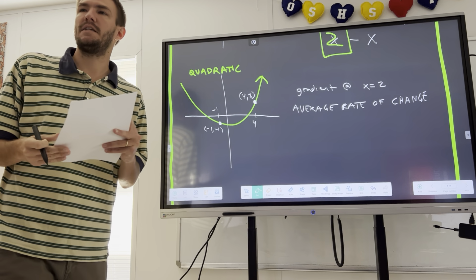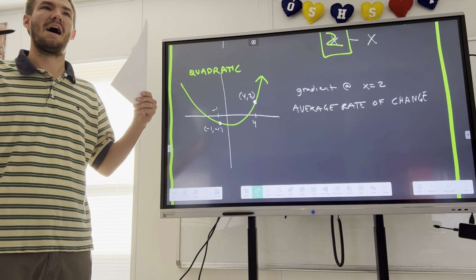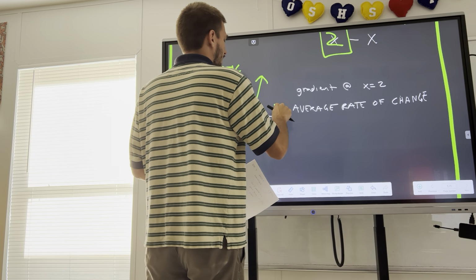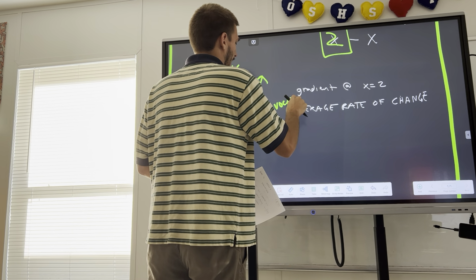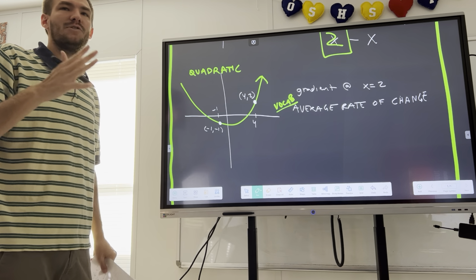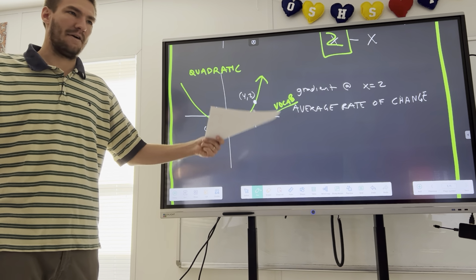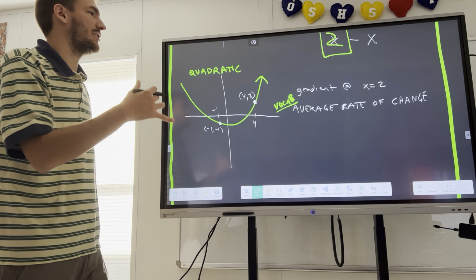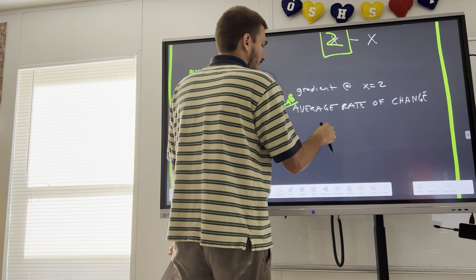So this is one of those things where we kind of want to lock into some vocab for a second. Average rate of change. It's a little vocab moment. The average rate of change is like the average gradient or the average slope, and the average rate of change is just the slope formula.